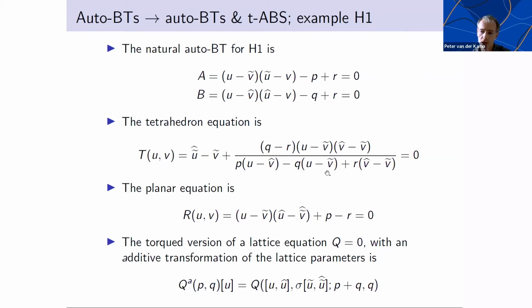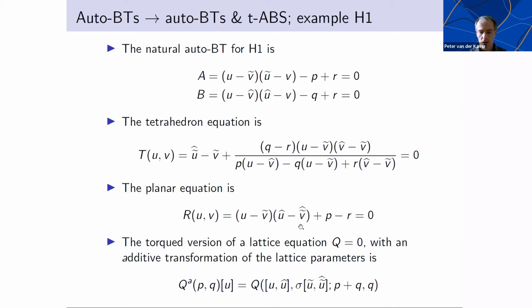And if you do the switch in this equation, so you say, okay, I'm going to change V tilde into U tilde, and the V hat is going to be U hat. What you get is actually Q1. So that means that H1 forms a consistent cube with Q1 as well.